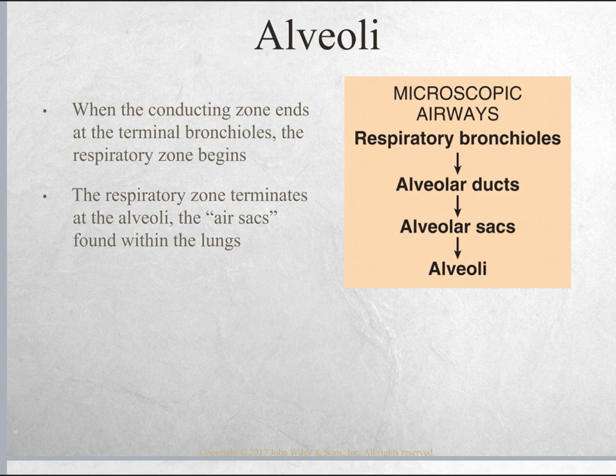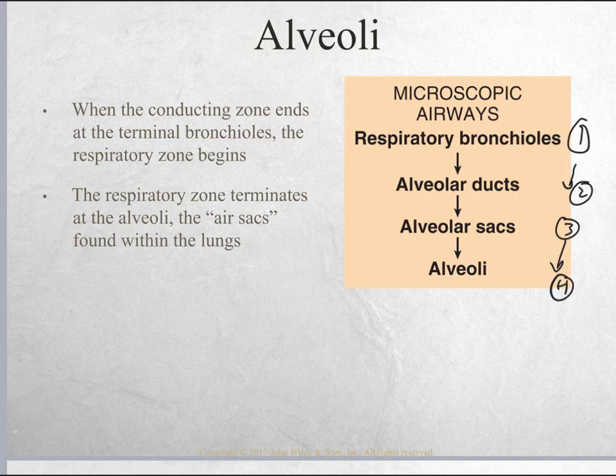So again, we think about that bag of grapes analogy, where we start with the respiratory bronchiole, that primary stem for the grapes. We go to the little stems that connect the bunch of grapes to each grape individually. So this is a nice little analogy to help us understand how this system is set up.